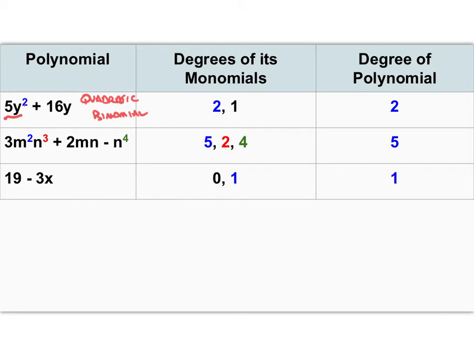Okay, let's look at our next one. Our leading term, m squared n cubed, and we can see the degree of that monomial is 5th degree. Some teachers may not touch on this, but I'm going to just teach it to you. So this is a 5th degree, and there are 3 different terms here, so we call this a trinomial.